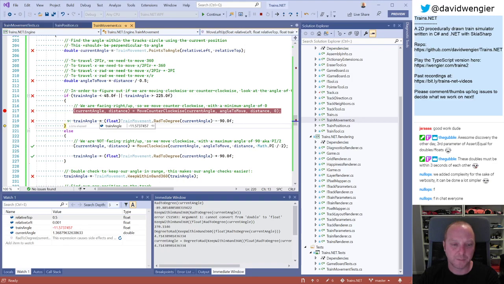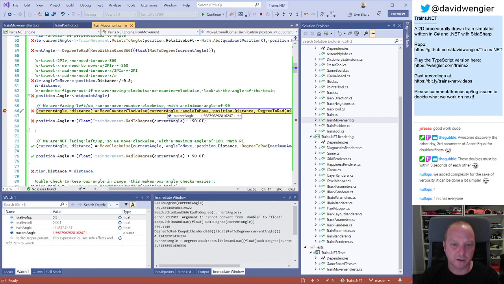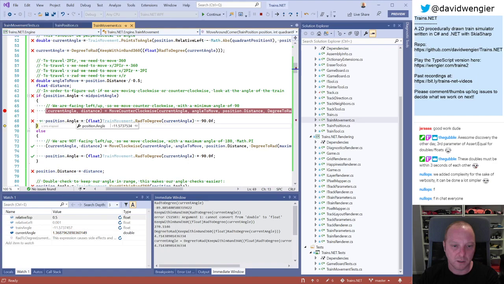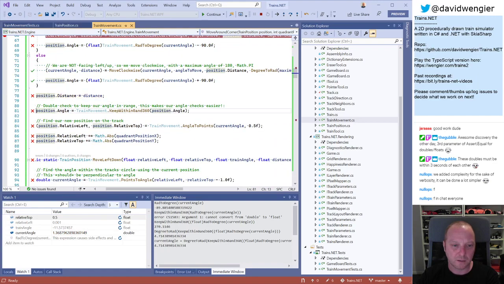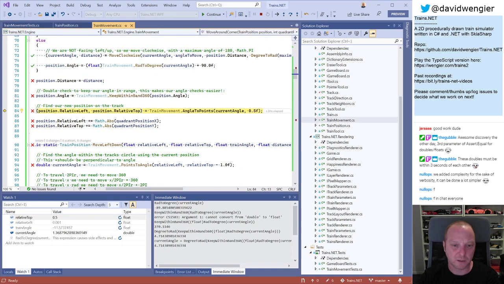Oh, maybe not. Minus 11. Alright, so anyway, 1.56 to 1.36. So we have 1.56, 1.36, and minus 11. Distance is 0. We keep it within 360, so 348.